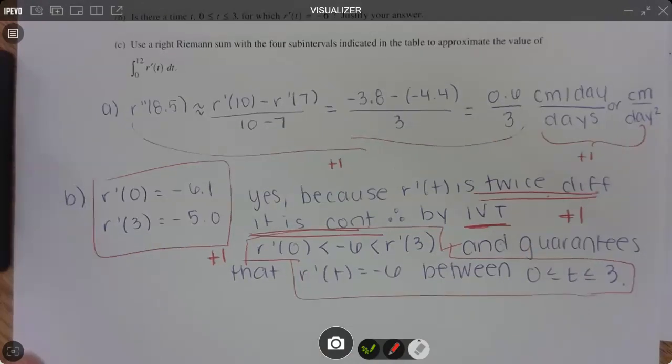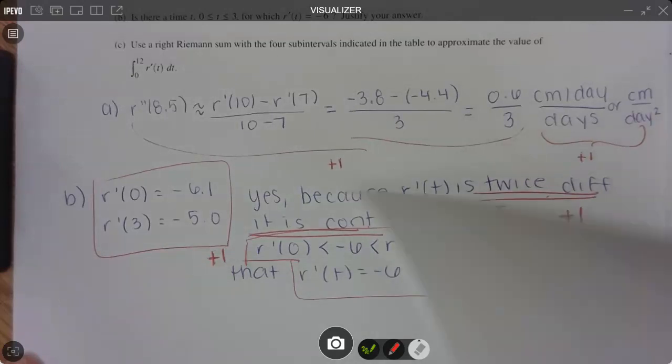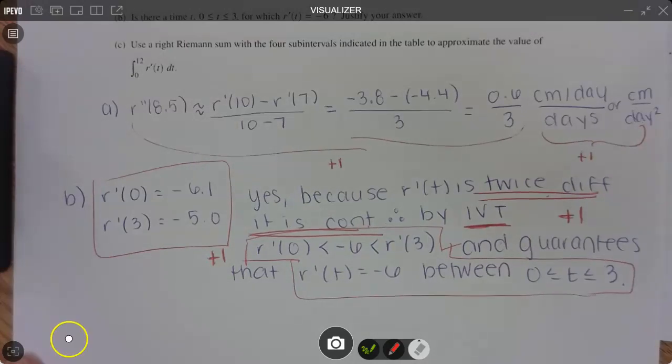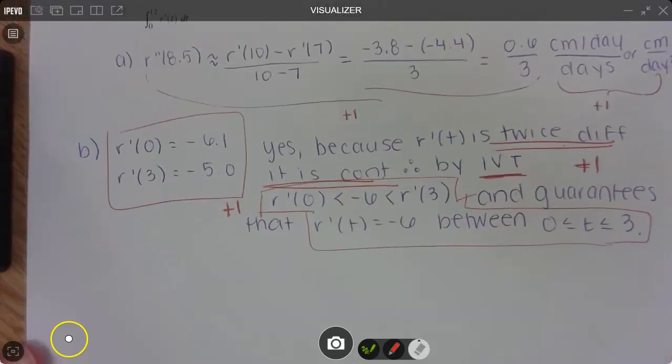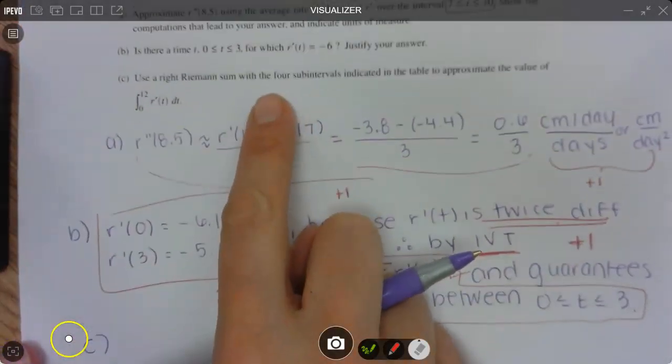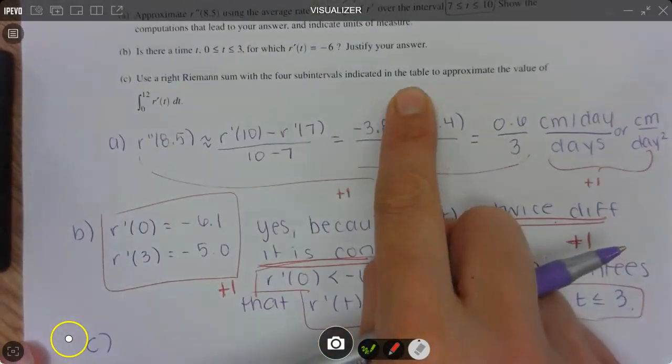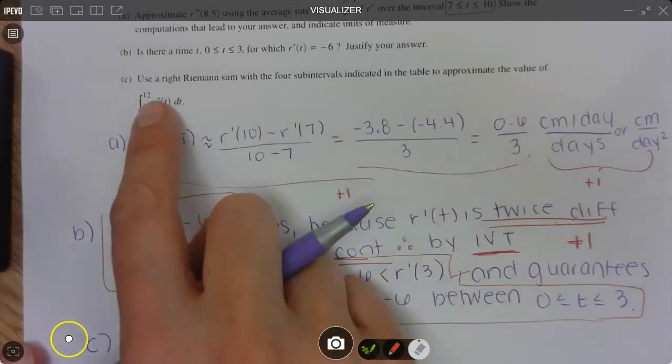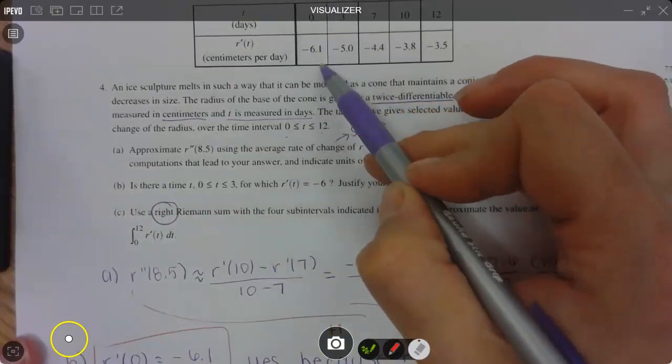That means part C for this problem was worth many, many, many points. I think I chopped off D because of where we were learning this, and there is a D to this problem. So part C says use a Riemann sum with 4 subintervals indicated in the table to approximate. So it's a right, which means we're going to ignore the first value.